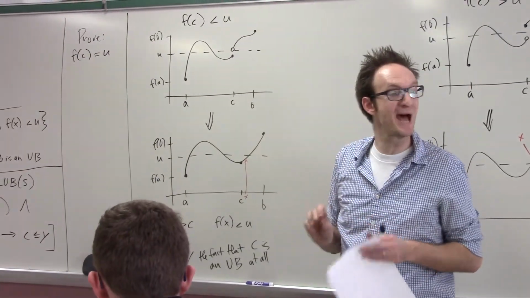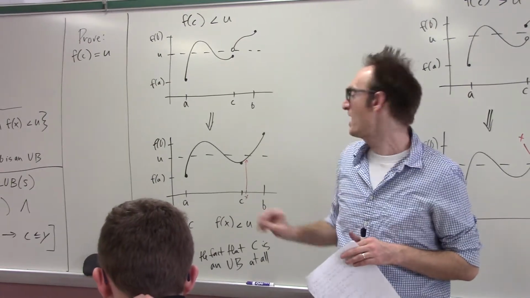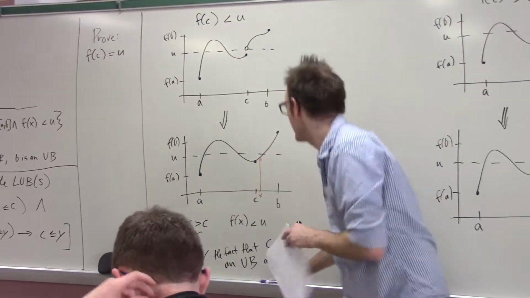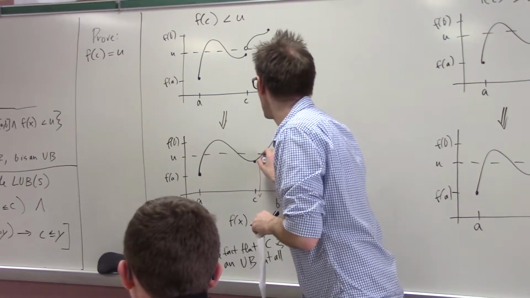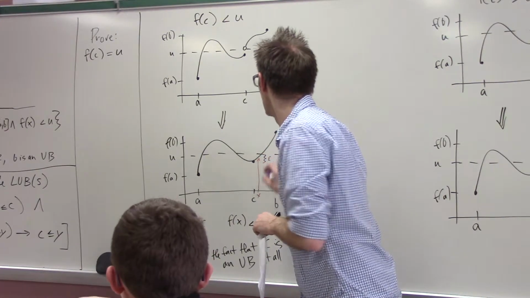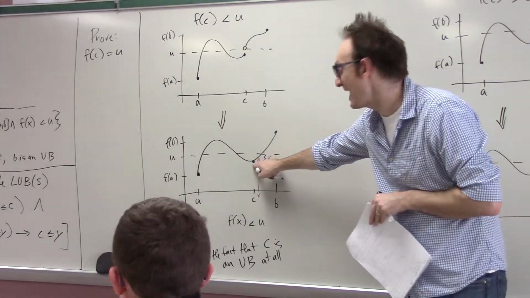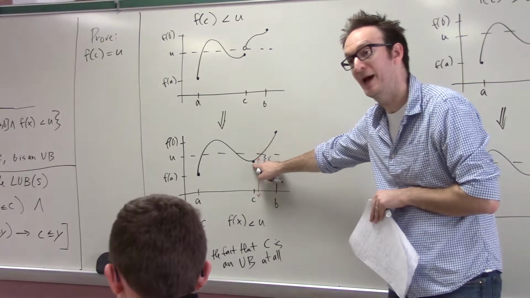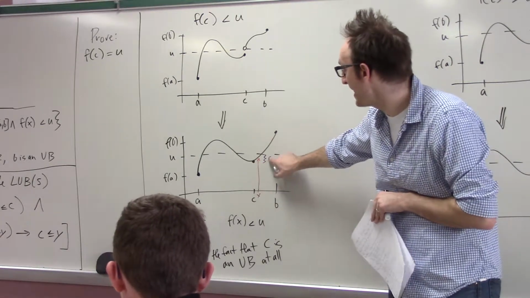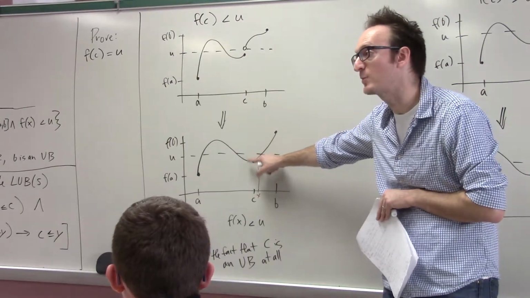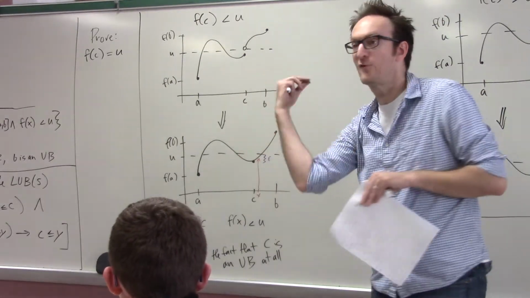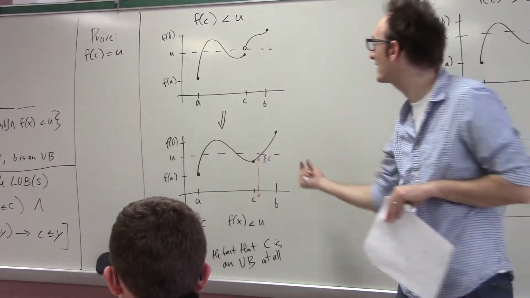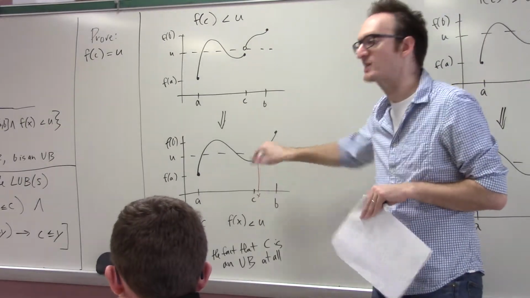And so what I'm going to do is set my epsilon to be the gap between u and f of c, right? Because by setting my epsilon to be the gap between u and f of c, I can force the definition of continuity to give me x values which match what my picture says.